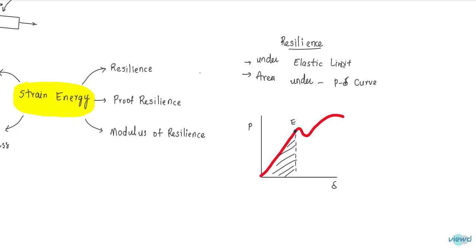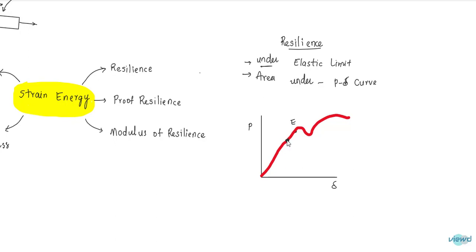So resilience and the strain energy that we defined earlier are both the same. But here we need to see that resilience means under the elastic limit, not only up to the elastic limit. That means if I consider any point under the elastic limit, so up to here I have considered.